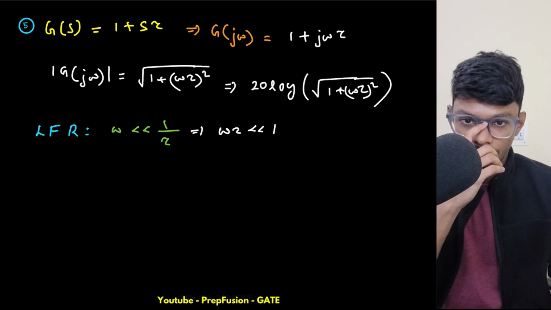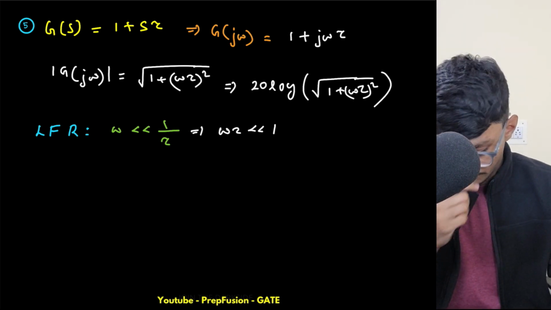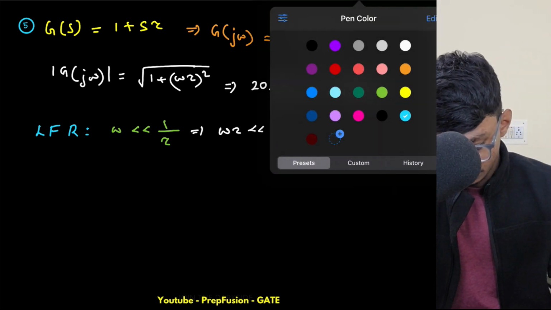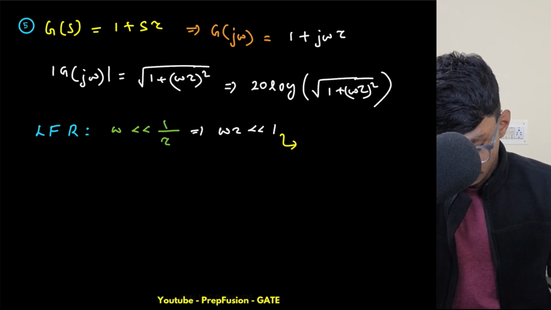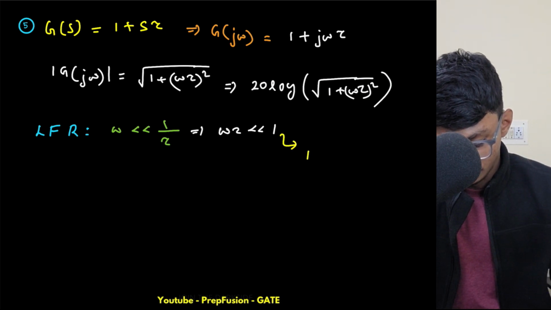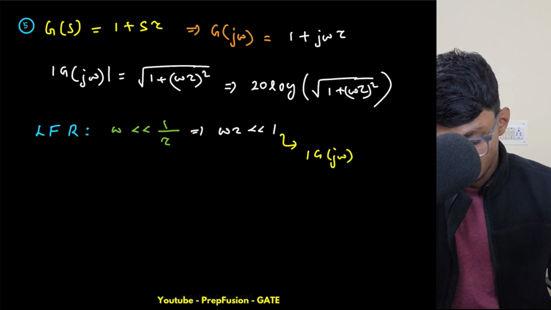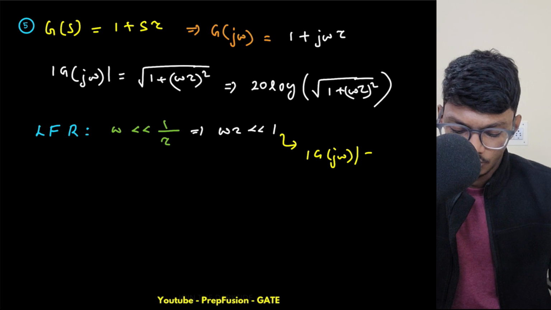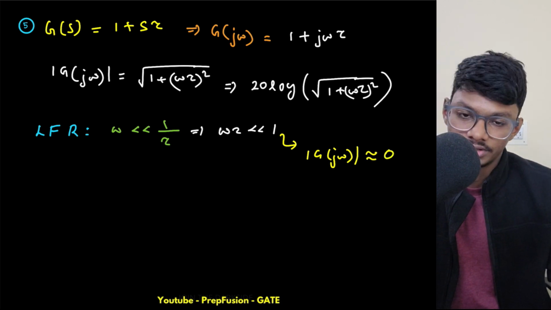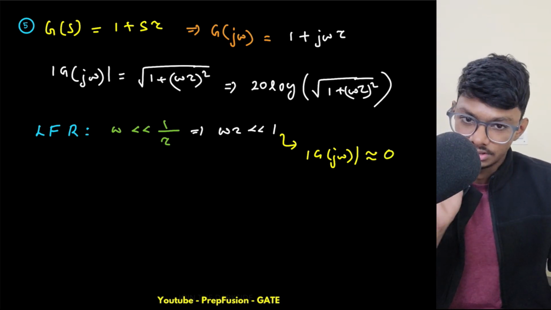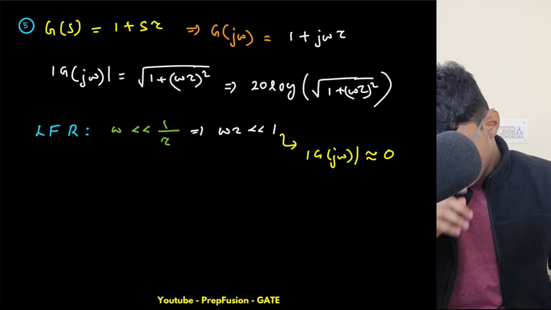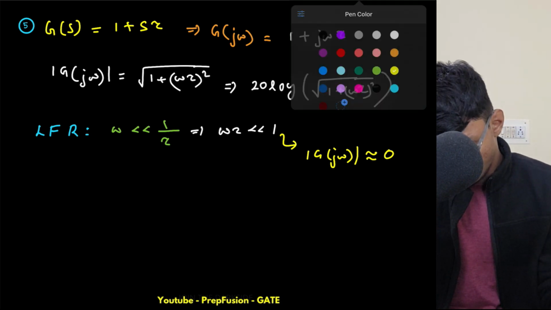That means we can approximate this like this. So my magnitude becomes 20 log 1 itself, so it is almost equal to 0, because log 1 base 10 is 0. So this is the low frequency region, which almost goes to 0.